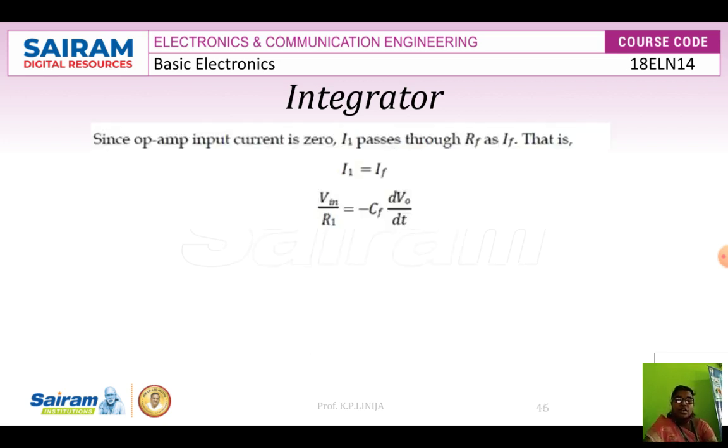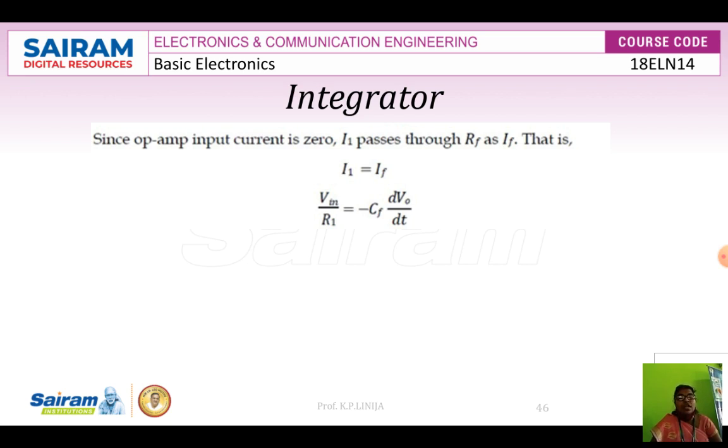Here the operational amplifier input current is 0. That means I1 passes through the feedback capacitor as feedback current IF. Therefore I1 is equal to IF. We already calculated I1 is equal to Vin by R1, and IF as minus CF into dV0 by dt.